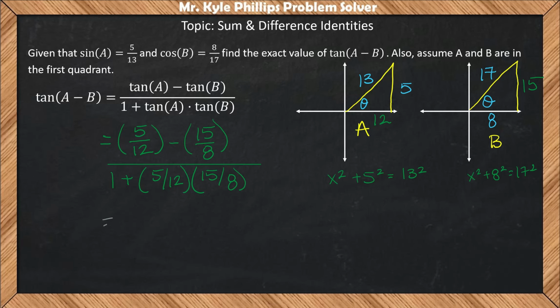So to reduce this here, we'll say 5/12 minus 15/8. And that will give us negative 35/24. And this is being divided by 1 plus 5/12. So we'll do this.